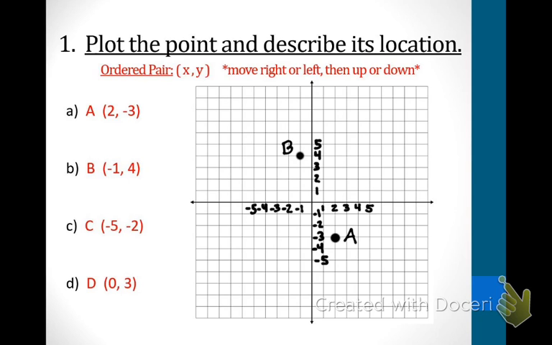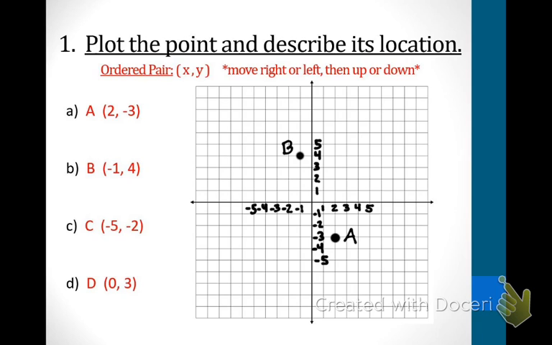Who wants to come up to do C? Jakari, come on up. All right, looking at point C, -5 is first. So I want you to go ahead and put your finger on the origin, 0, 0. Go to -5. Very good. He went left, -5, and then go to -2. Okay, you're going up. Which direction is -2 for the Y?